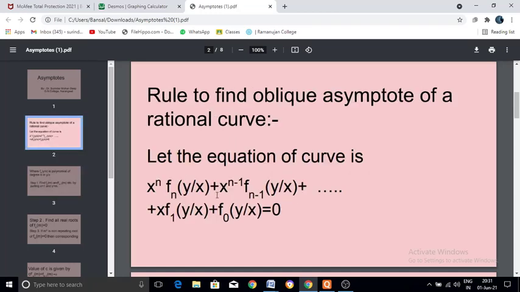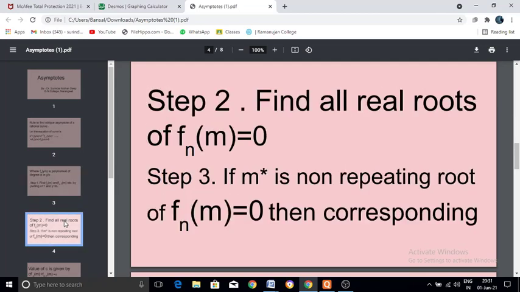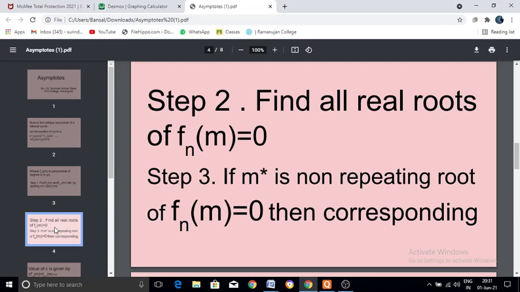That is, in this equation we put x equal to 1, y equal to m and find f_n(m); then in the same way find f_(n-1)(m), etc. Then find all the real roots of f_n(m) equal to 0.